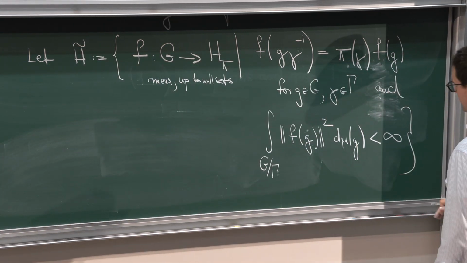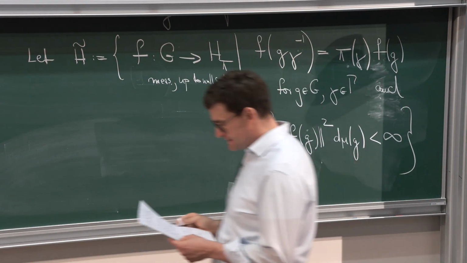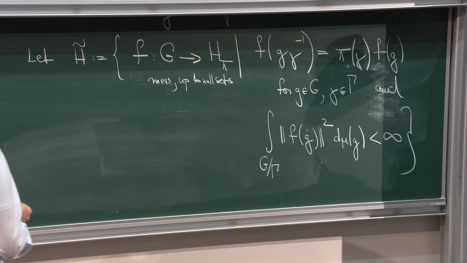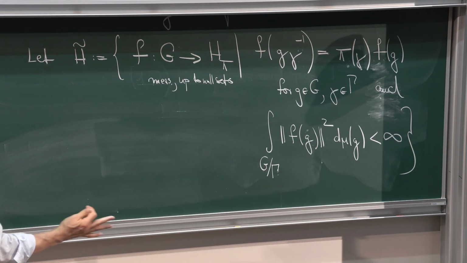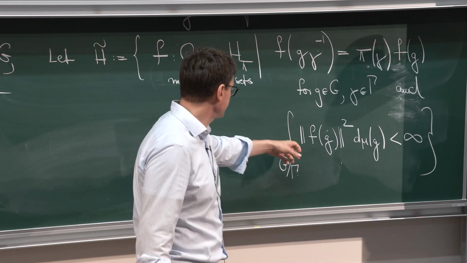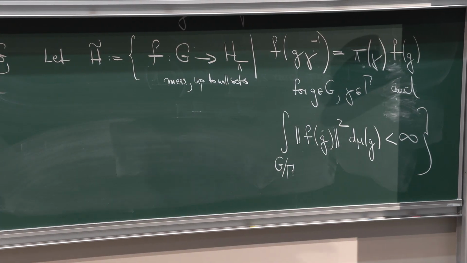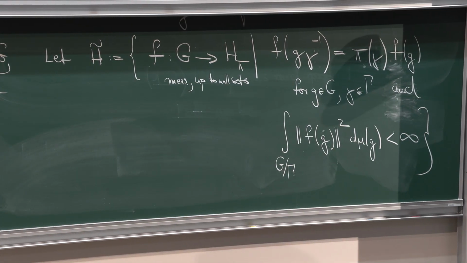This integral should be finite. And this is actually a Hilbert space: if you have two such functions, you define the scalar product by the integral of the scalar product.